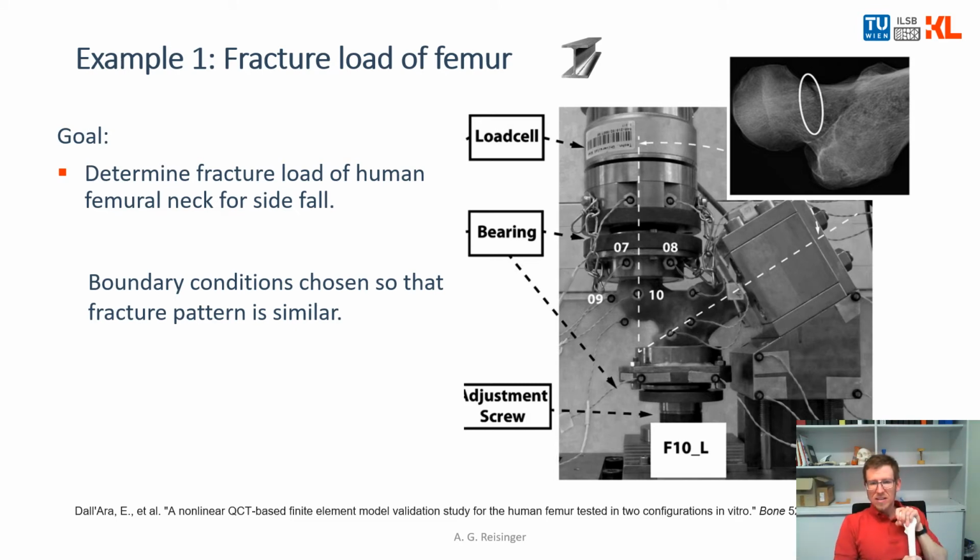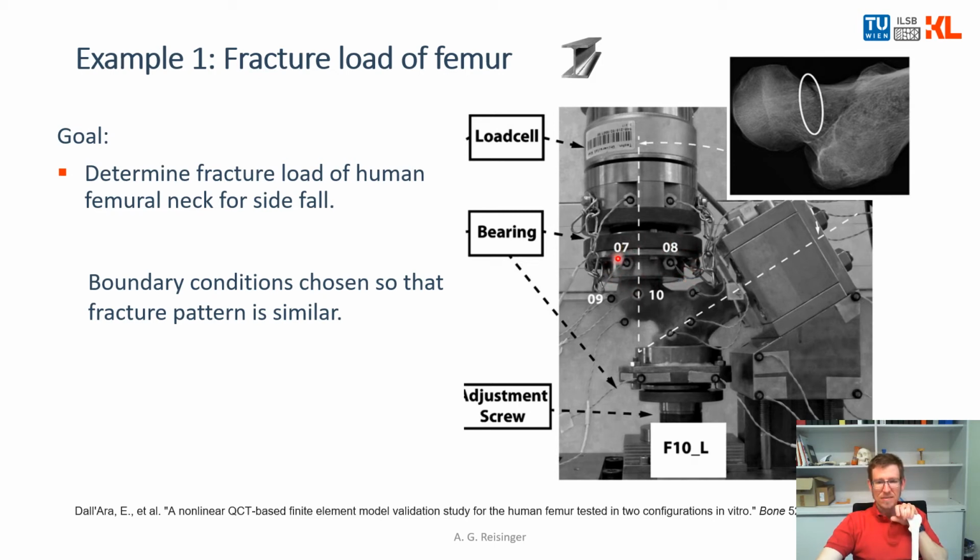And in this case, it was sufficient to clamp the bone like this. You see that the bone was cut here, clamped here, and embedded at the trochanter to represent the floor, the impact on the floor. At the top, on the head, the body load was introduced by this cup.